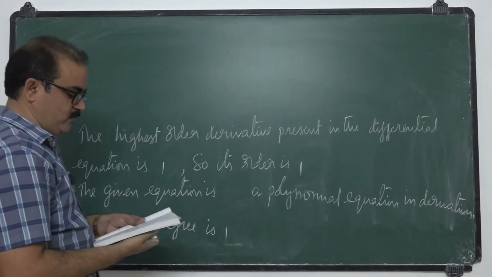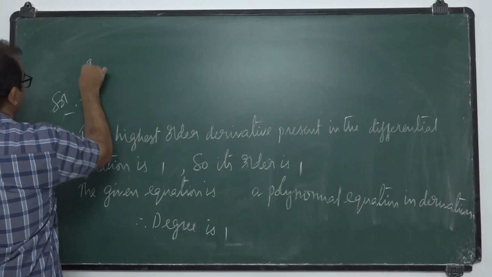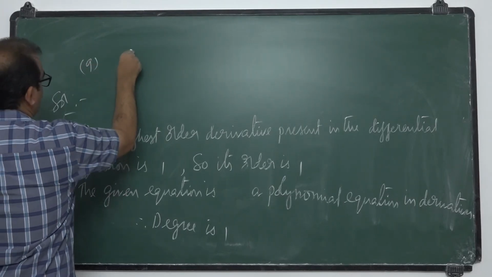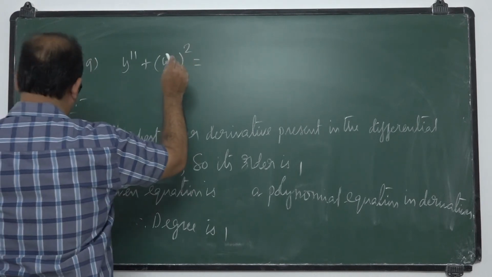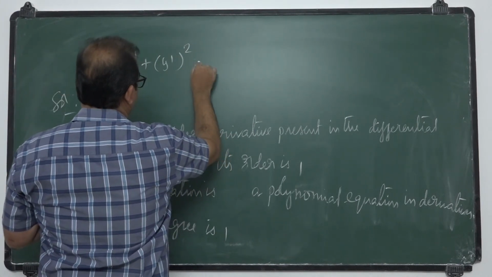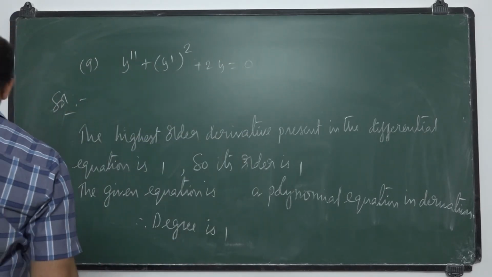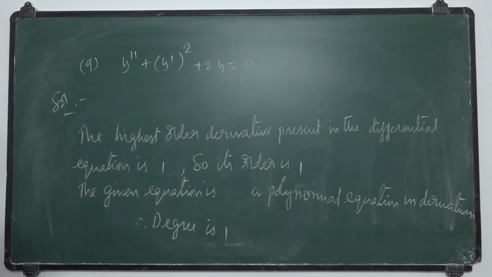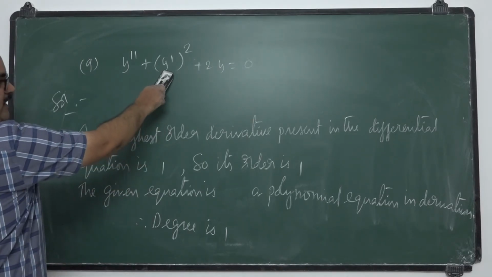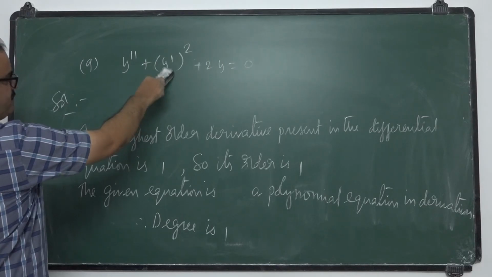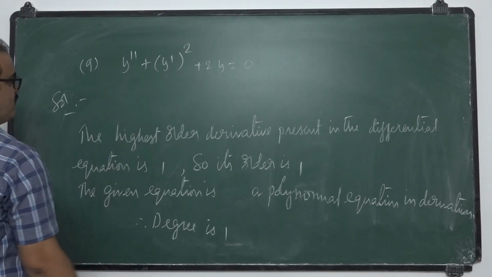All these are 1 mark problems. Next, 9th, y double dash plus (y dash) whole square plus 2y is equal to 0. Y dash means first derivative of y. Y double dash means second derivative of y.